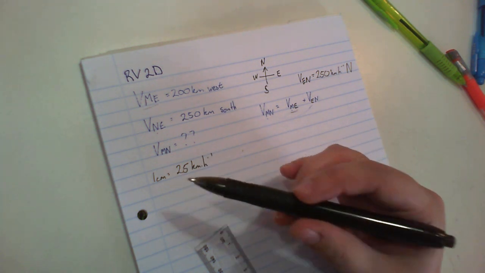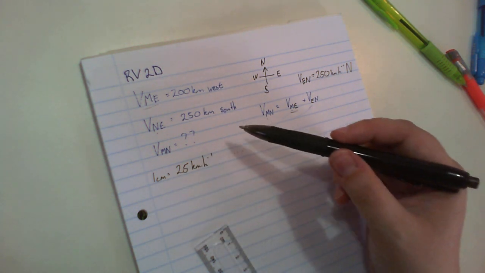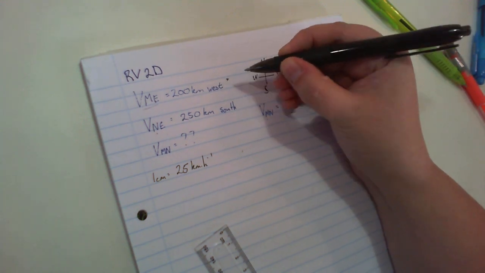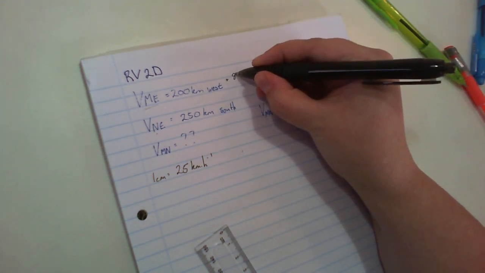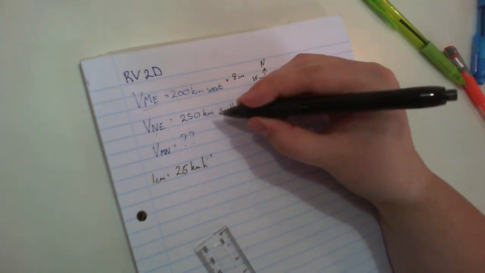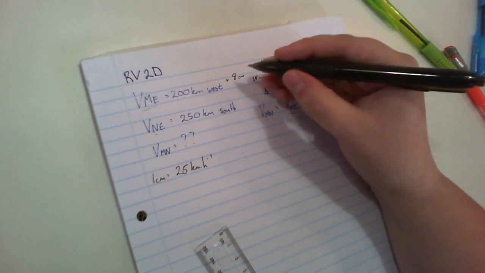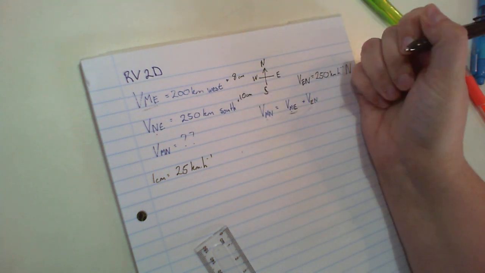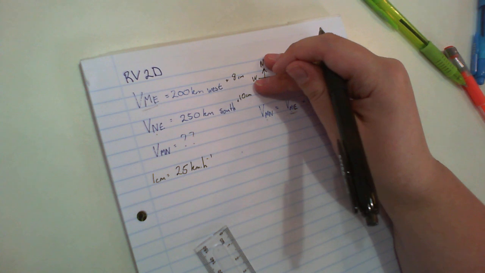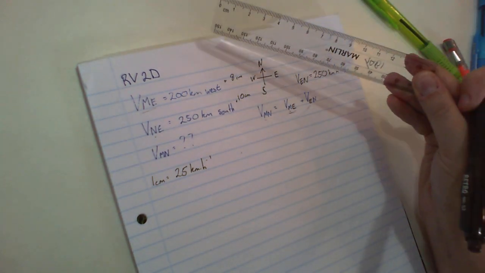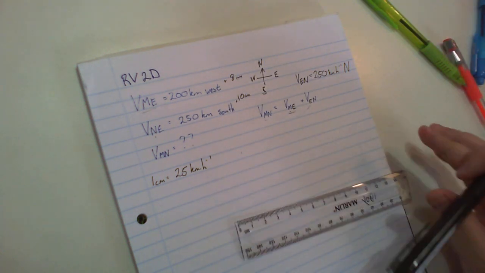So 200 divided by 25 is 8 centimeters. And 250 divided by 25 is 10 centimeters. Okay, so we know how long our things need to be. Is this ruler long enough? Does it have an 8 and a 10 on it? Yeah, so the short one's perfectly fine.